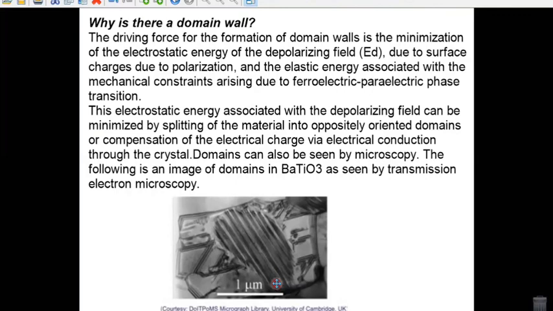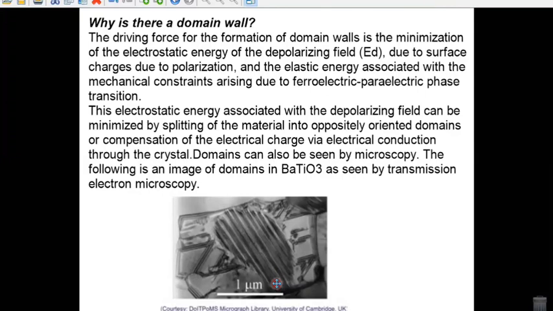And polarization saturates to a value called the saturation polarization. The domain reversal actually takes place by formation of new favorably oriented domains at the expense of the unfavorable domains.